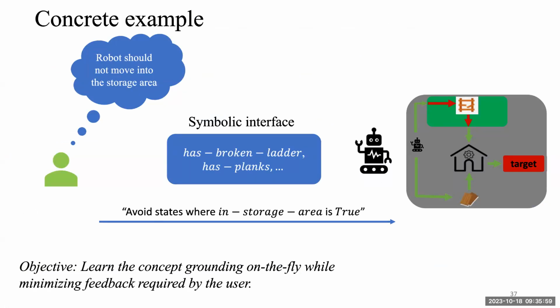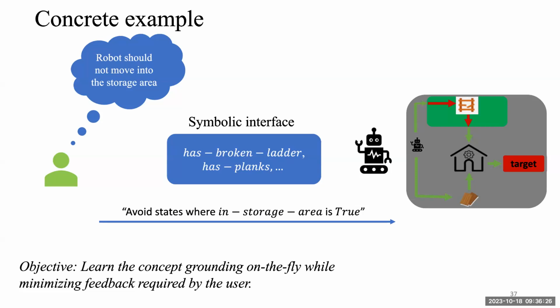Given this Minecraft task, the state encoding we use here is inscrutable to the user. Now, again, we have a symbolic interface between the user and the agent. This has some terms already in it. Now, the user wants to specify a preference where it says, avoid states where in storage area is true, because the user has a preference that the agent does not go in the storage area.